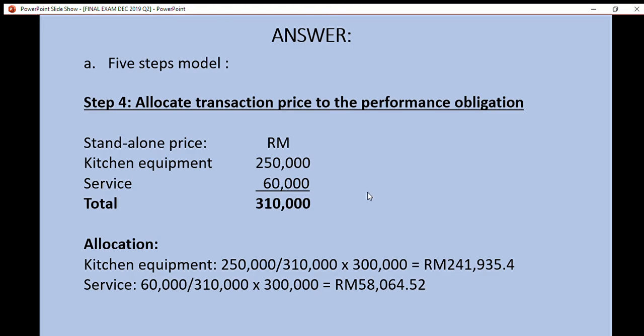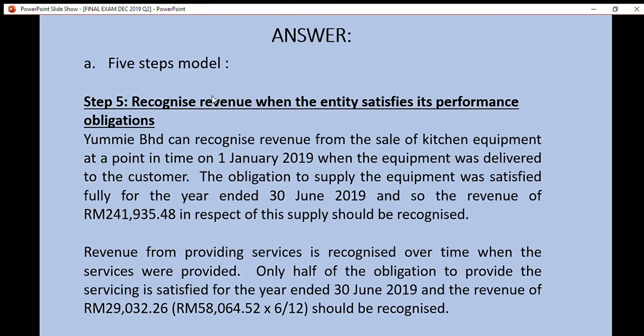The last step is to recognize revenue when the entity satisfies its performance obligations. How do we explain step 5? You can explain like this. Yummy Berhad can recognize revenue from the sale of kitchen equipment at a point in time, that is on 1st January 2019, when the equipment was delivered to the customer.